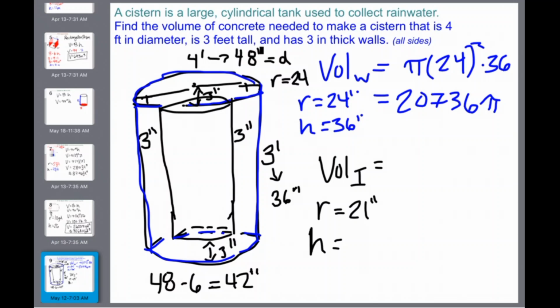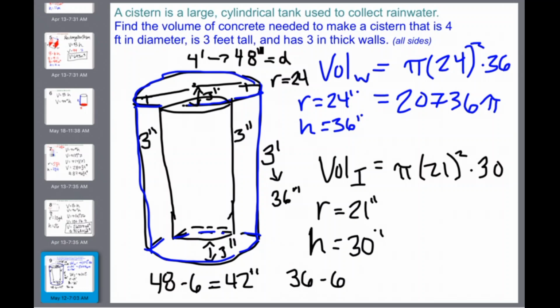So from our 36 inches, we're taking off 3 inches at the bottom and 3 inches at the top, so we're taking away 6 inches, which gives us 30 inches for the height on the inside. All right, so if we plug that in, we have pi r squared, r is 21, and our height is 30.